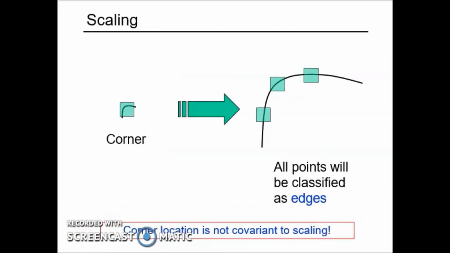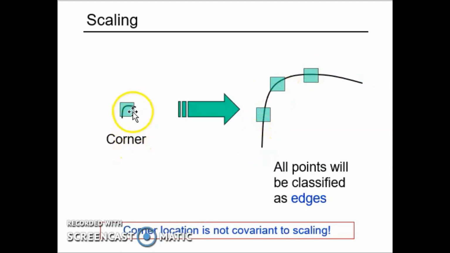Last but not the least, the last property that we want to talk about is scaling. Let's say we have this image in which this was the corner that was detected. Now, if we scale the image by a big margin, this is how it looks.